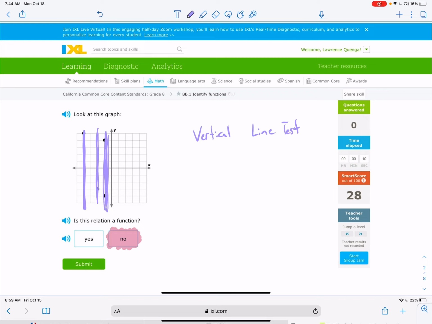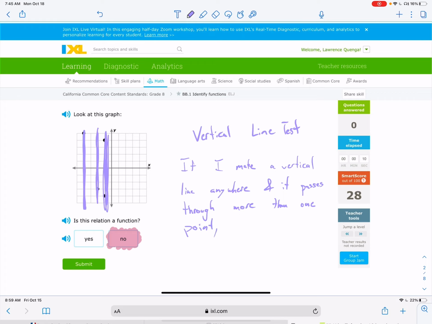If I make a vertical line anywhere on my graph, and it passes through more than one point, it is not a function.